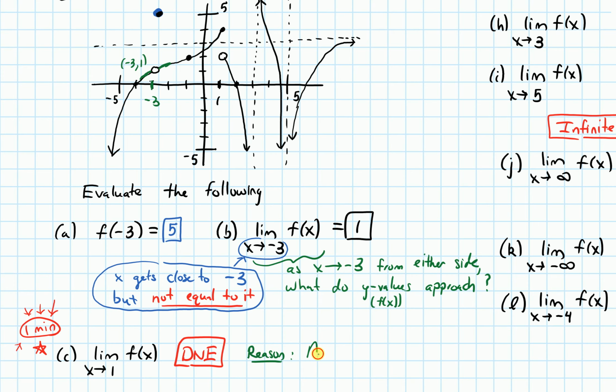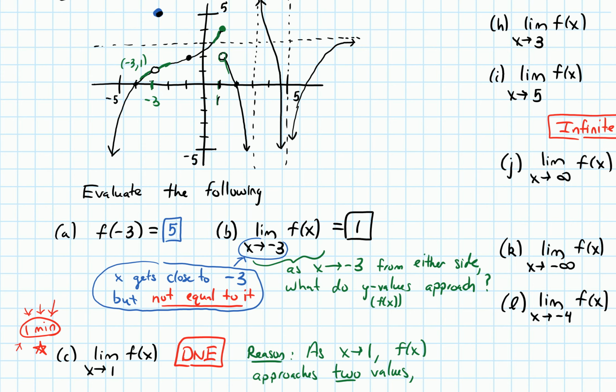The reason is that as x approaches 1 in this graph, f of x, in other words the y values, approaches 2 different values. From the left-hand side of 1, here's 1, it seems like the y values get super close to 5.